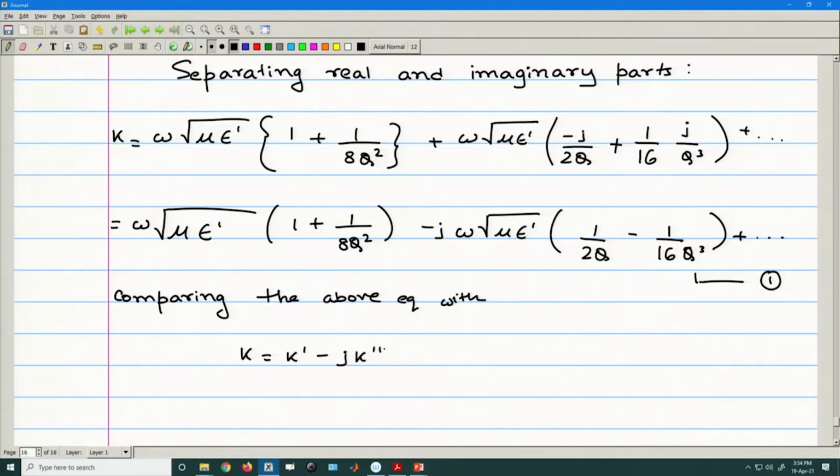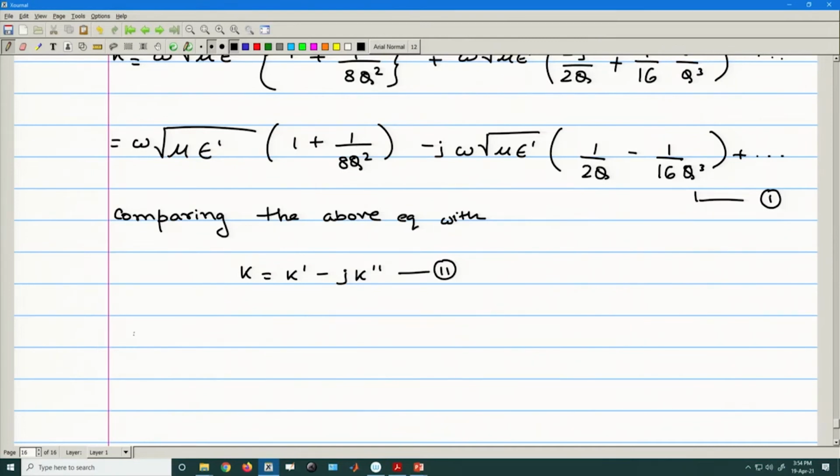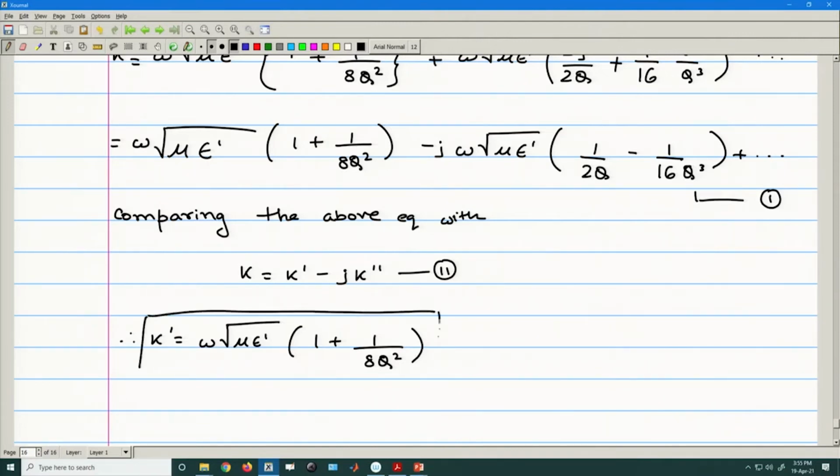So comparing 1 and 2, we get k prime as the real part, that is omega root under mu epsilon prime times 1 plus 1 by 8q square. So k prime is this, so this is proved.